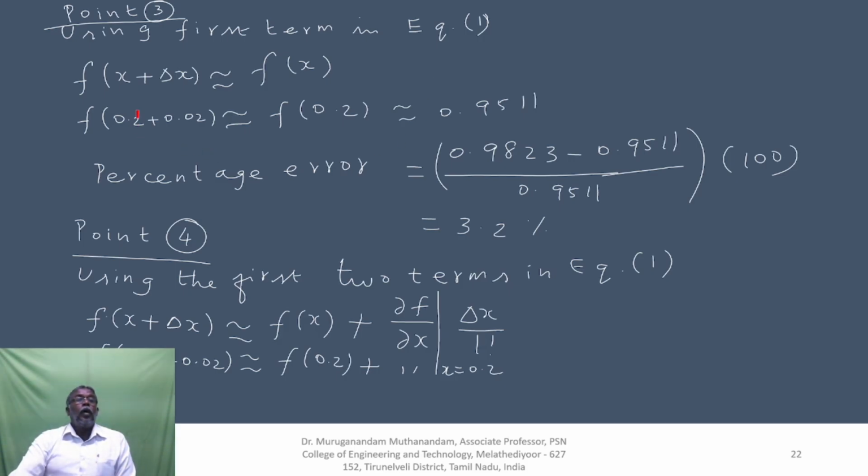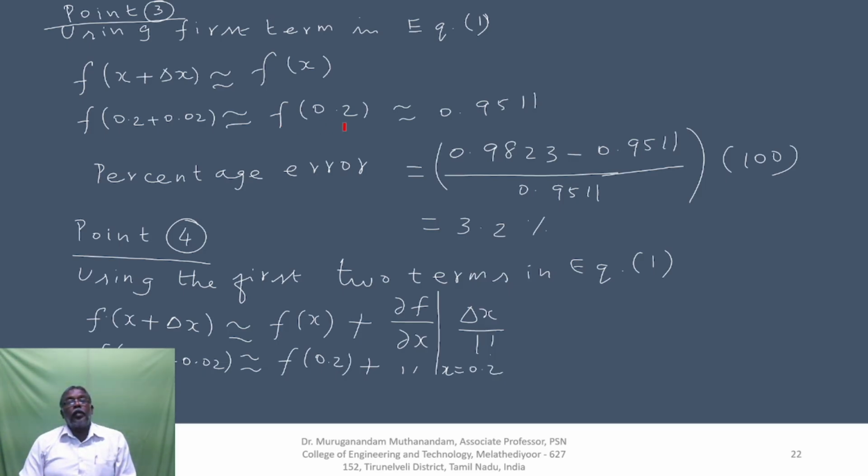Okay, now x is equal to 0.2, delta x is equal to 0.02. So f of 0.2 plus 0.02 is approximately equal to f of 0.2. Wherever x is there, substitute 0.2, and wherever delta x is there, substitute 0.02. So the value of the function at the subsequent position 0.22 is equal to the value of the function at 0.2.